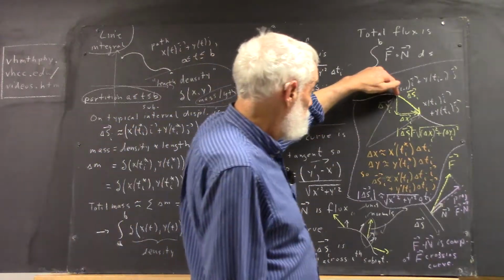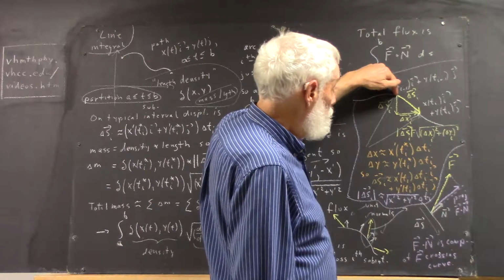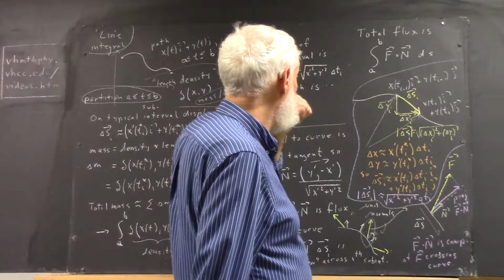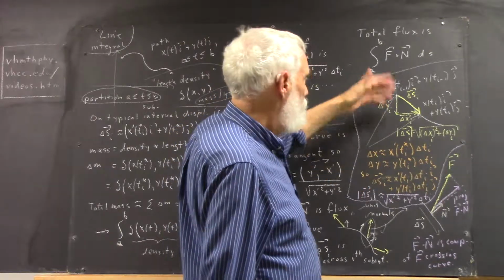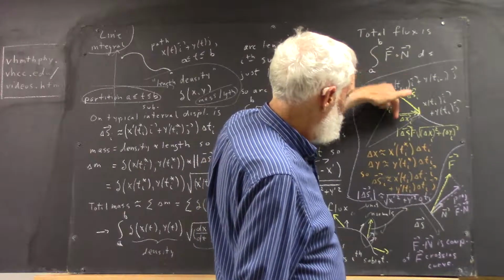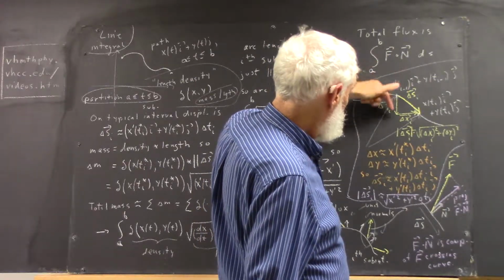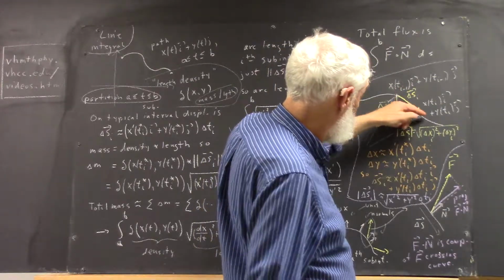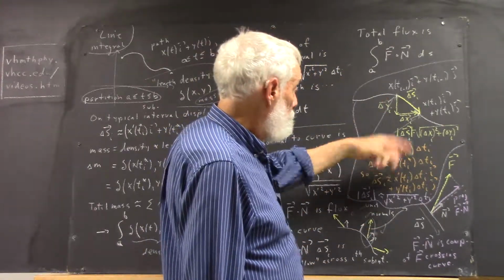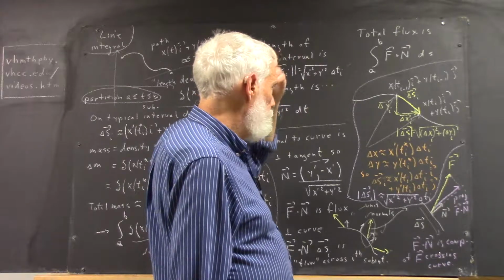Then we're going to have some displacement, delta s sub i, from this point to this point. And that delta s sub i can be broken down into a delta x sub i and a delta y sub i. So the delta x sub i plus the delta y sub i vectors equal the delta s sub i. I didn't write that down, but it's pretty well implicit.